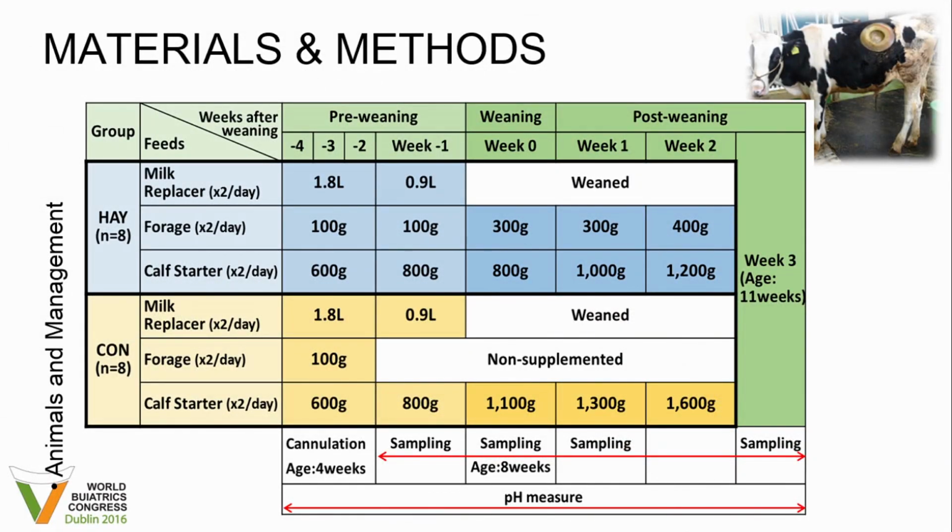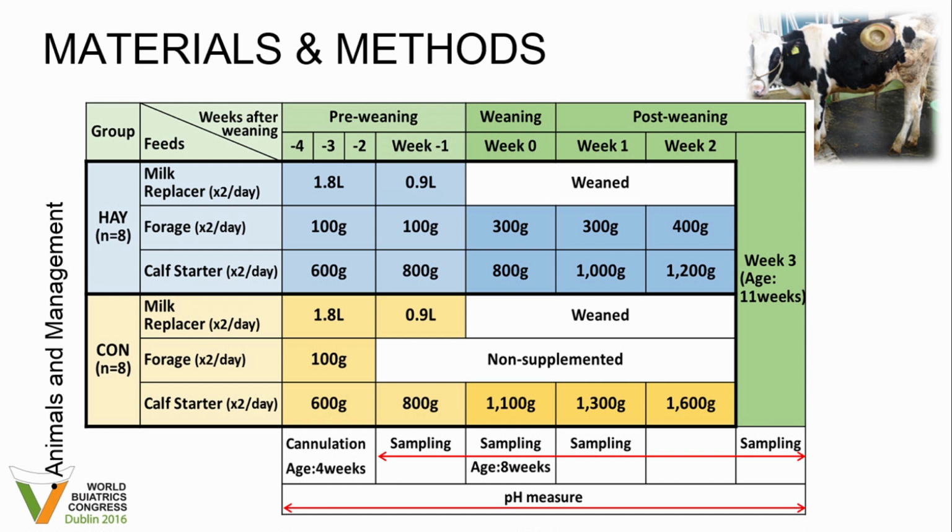For the experiment, all calves were subjected to 3 weeks of adaptation and equipped with rumen cannulas 4 days after arrival. Feeding management followed the Japanese Society of Animal Science. During the adaptation period, calves were raised with the same management between the two groups.